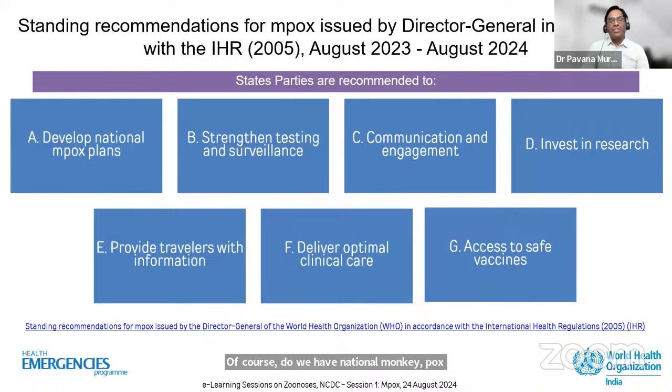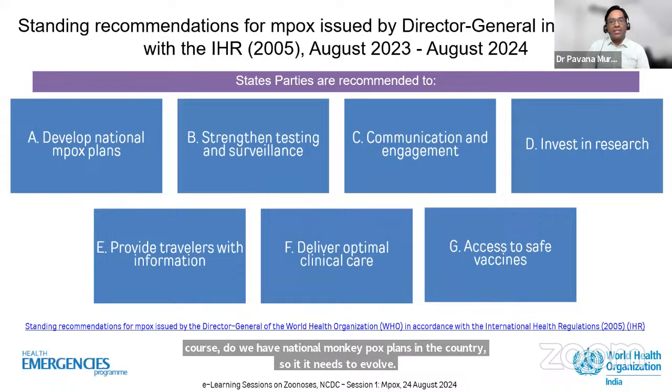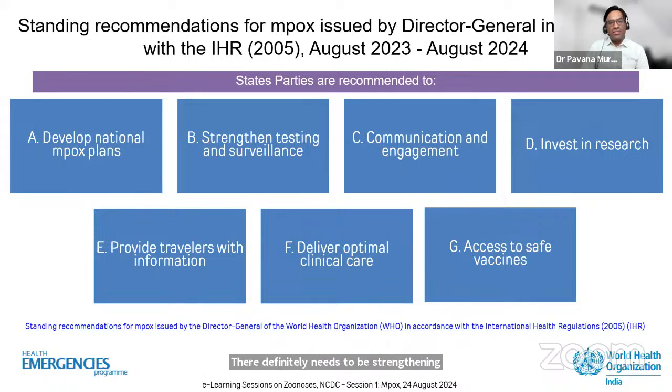So it needs to evolve. There definitely needs to be strengthening of surveillance and health facilities, getting the case definitions of the suspect cases and reporting the cases. I think this needs to happen. And the main component is also the laboratory, which needs to be strengthened.